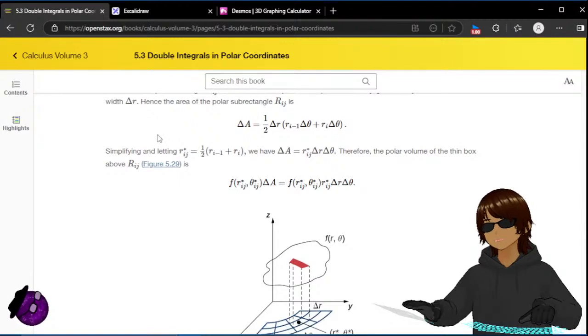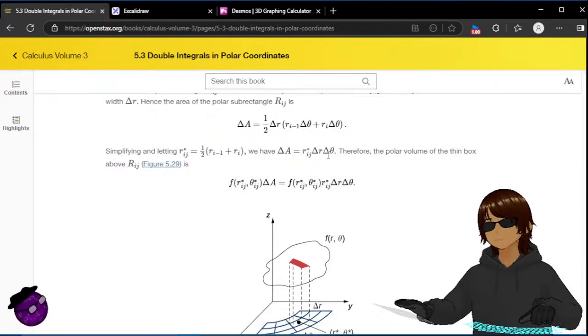Simplifying and letting R star equal the average, we have the average times delta R times delta theta.